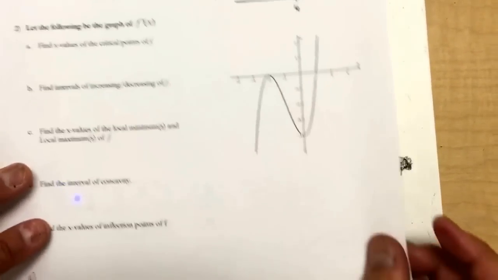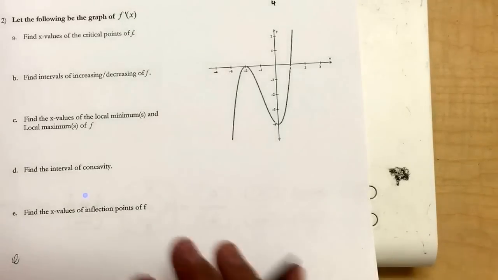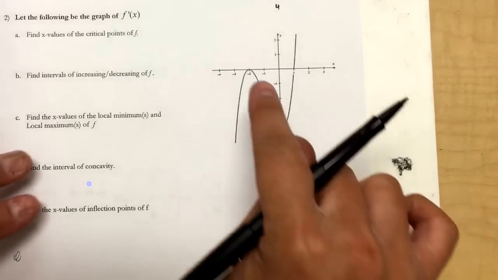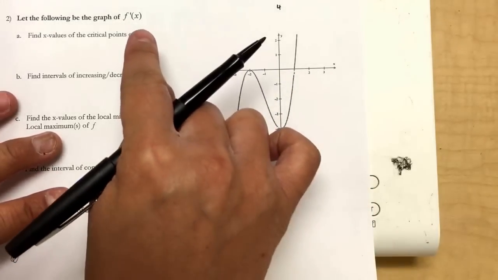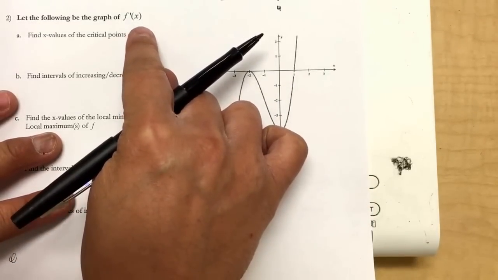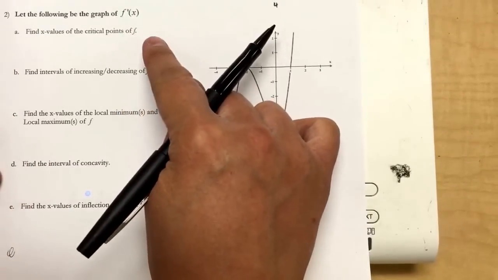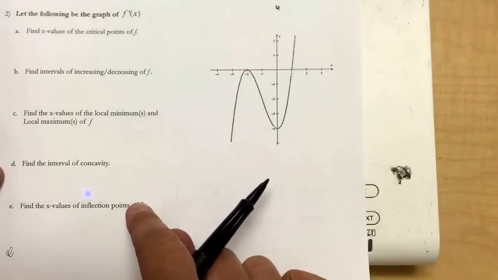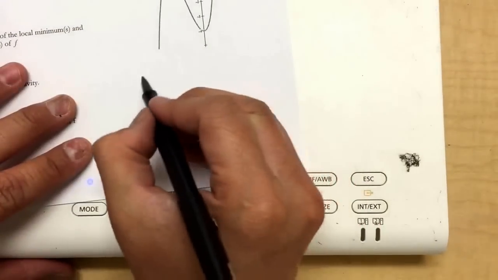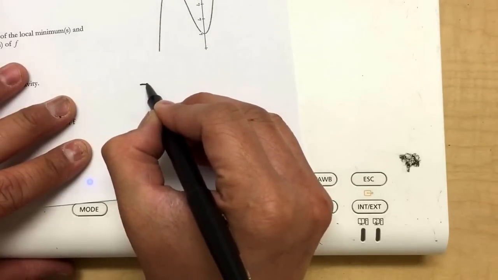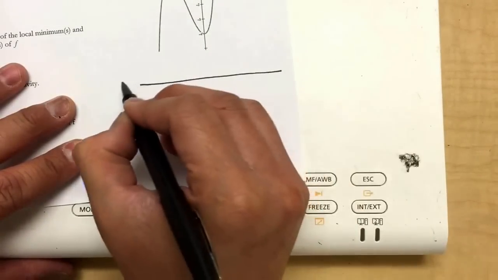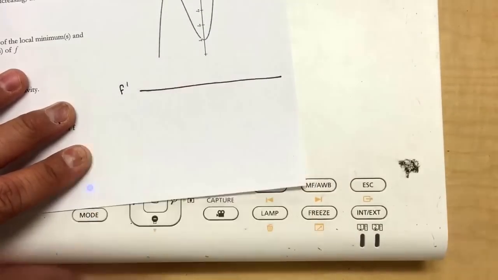Awesome. Here's another graph, which stands for the graph of the first derivative, and we're going to try again to answer these questions. So to make it easy on yourself, sketch the sign graph for f prime.